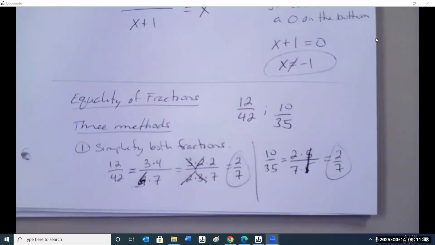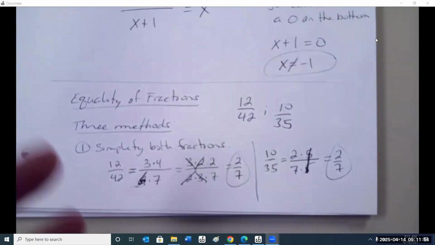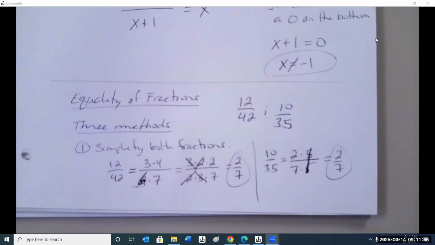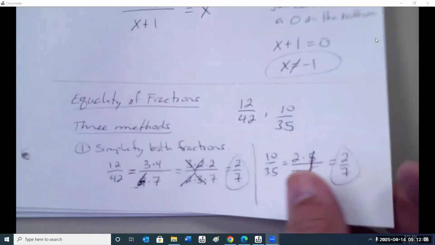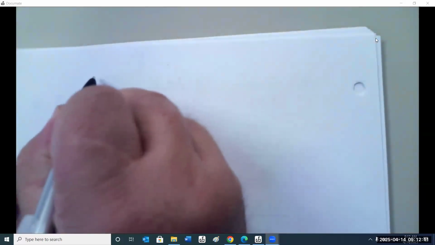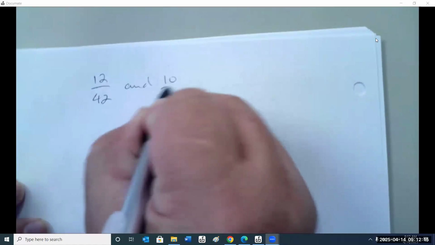That's why you never, ever spit out an answer in mathematics. You answered, no, it's not, because they look different. Again, that's not mathematics. You have to work it out. Yes, they are the same. That's the first one. The first method is to simplify both fractions. What numbers do I use? 12 over 42 and 10 over 35.